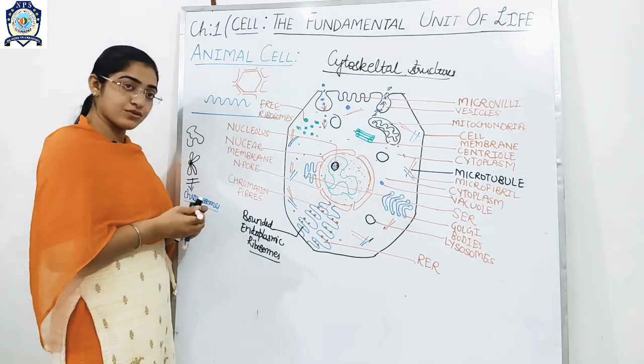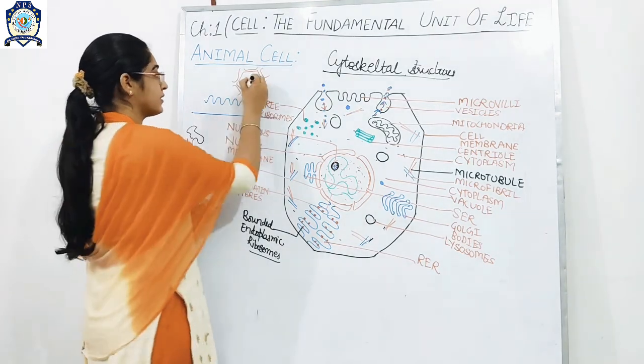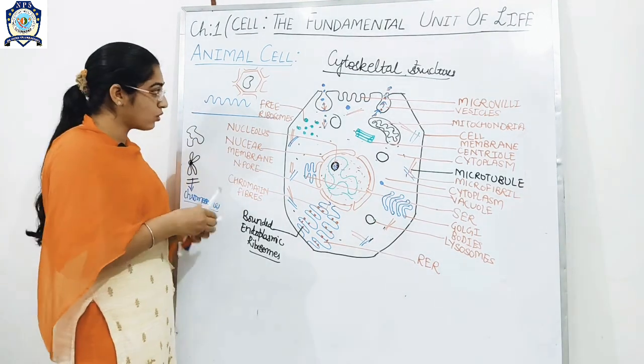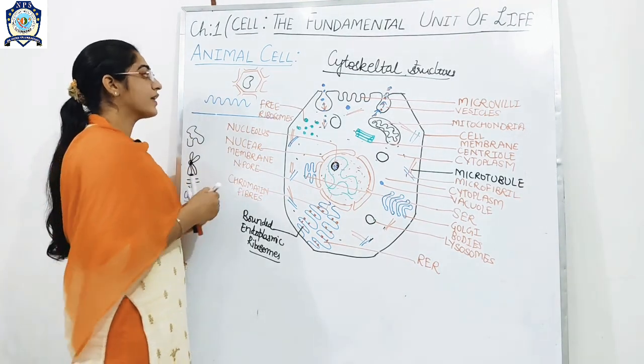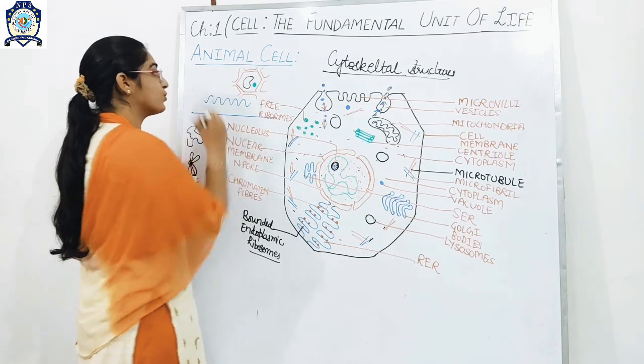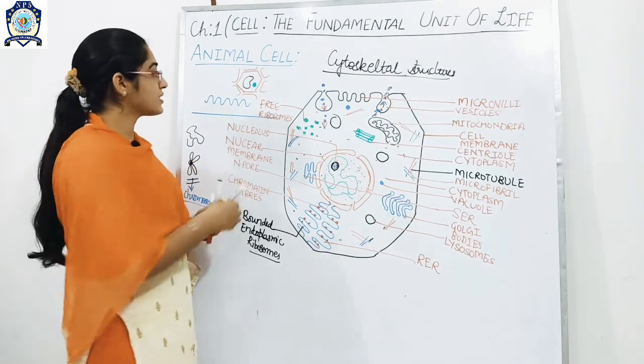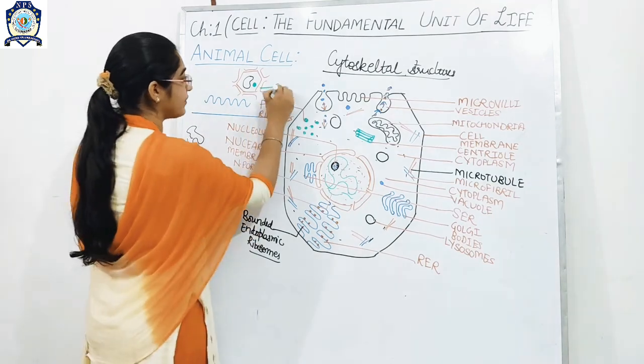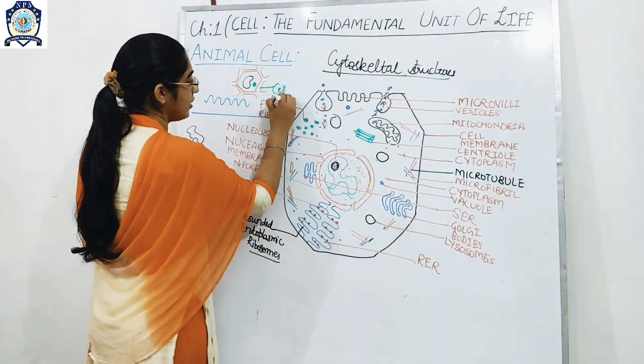Yesterday I told you that in this way the vacuole is in the center, and that is why the nucleus shifts to one side. So this is the outer covering, present outside the cell membrane, which is called the cell wall.